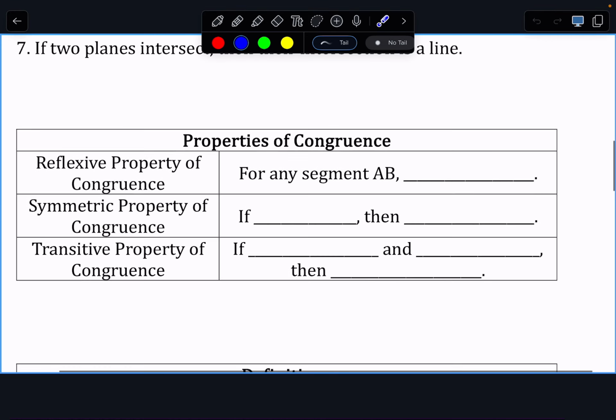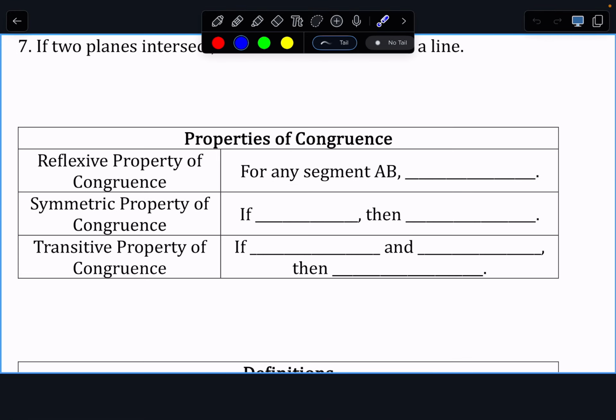We have those same properties for congruence. So if we are talking about a segment, then the reflexive property would look like this. AB is congruent to AB. Reflexive.